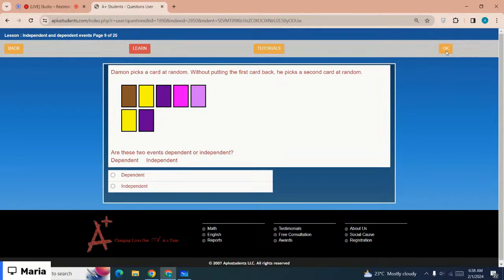They are the dependent events because you didn't put the card back, so they are the dependent events, right?